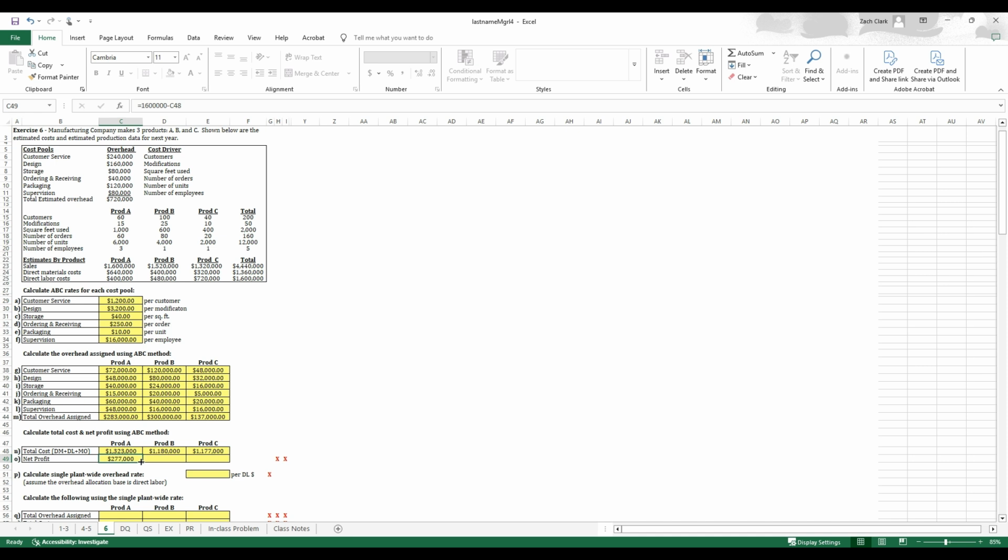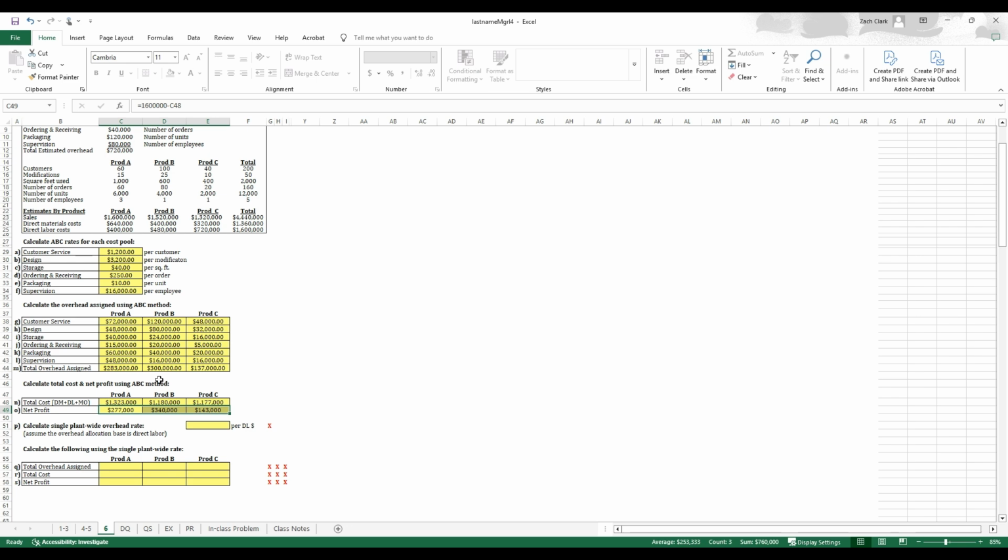So 277,000. Again, I'm going to use Excel and just update the sales number for B, and finally update the sales number for C, which is 1,320,000. And here we can see our net profit per product based on applying the overhead in that way.